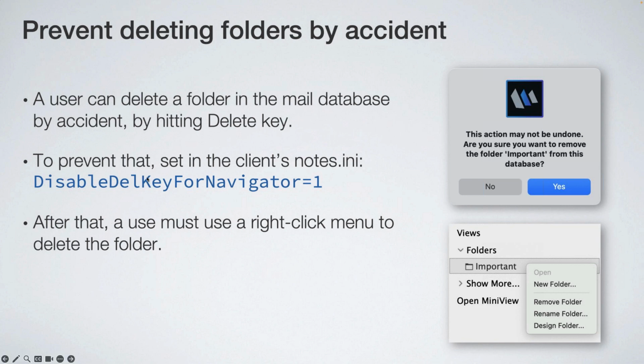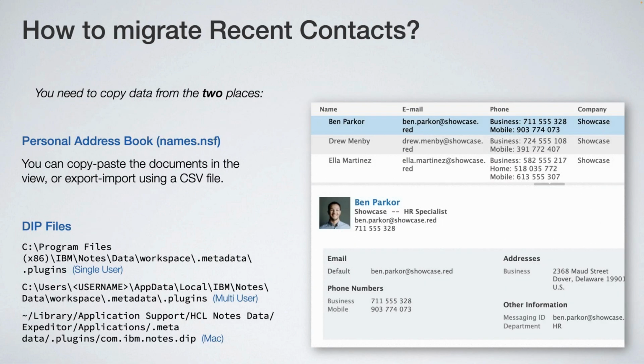With these settings in Notes INI on the client side, you can remove the option of deleting by accident using the delete key, and they have to use only right click. This is useful, and you can save some headaches on the admin and user side.